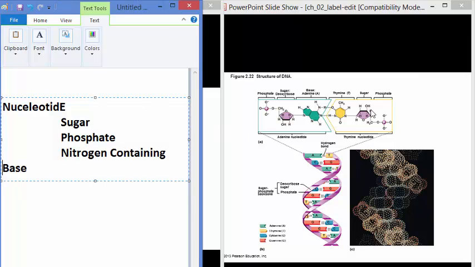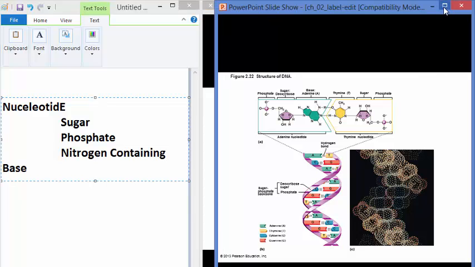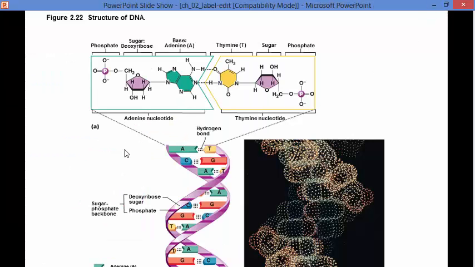So we'll take a look at a nucleotide. This shows DNA. This shows the sugar, deoxyribose. This is the P, the phosphate. And this shows the nitrogen-containing base, adenine.